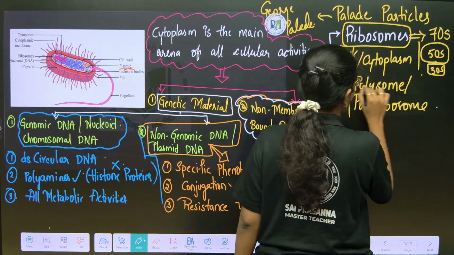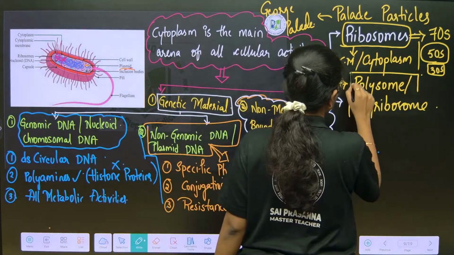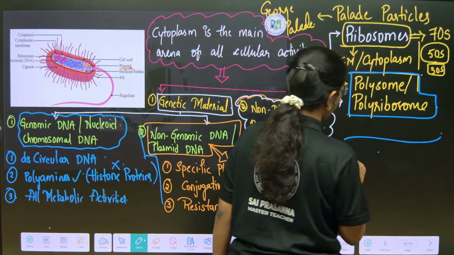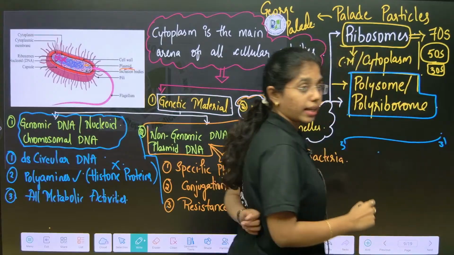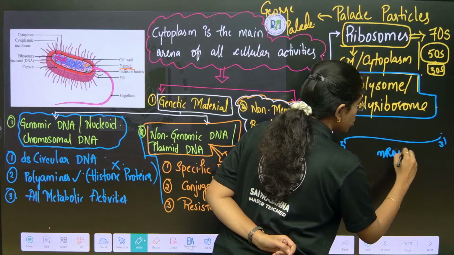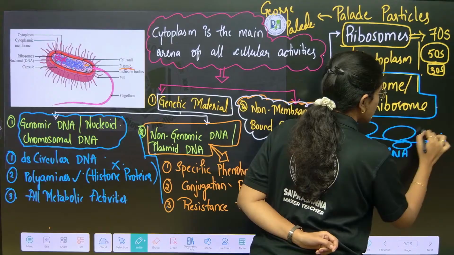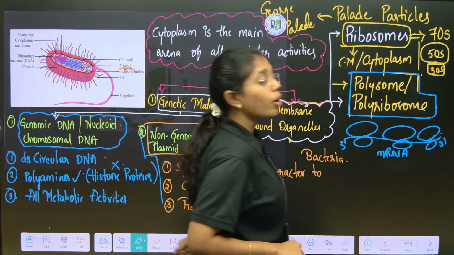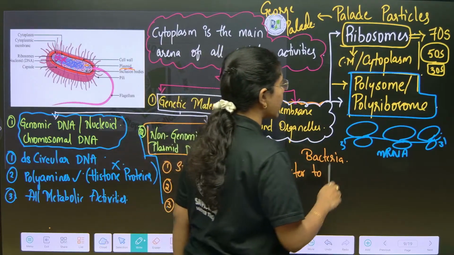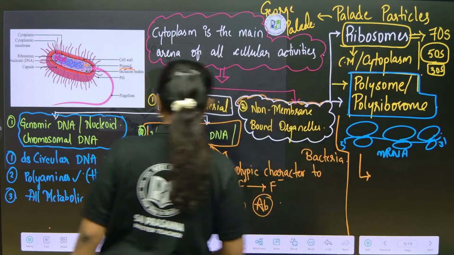During the time of transcription and translation, if a single mRNA, from 5 prime to 3 prime, consists of multiple ribosomes like this, this condition is known as what? Polysome or polyribosome condition. And what does this result? This will result in multiple protein expression, which is known as polycistronic expression.